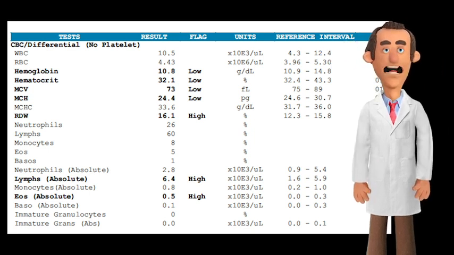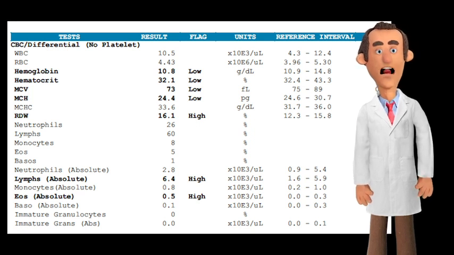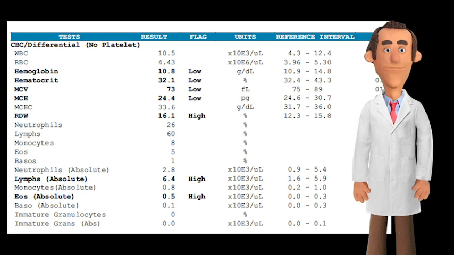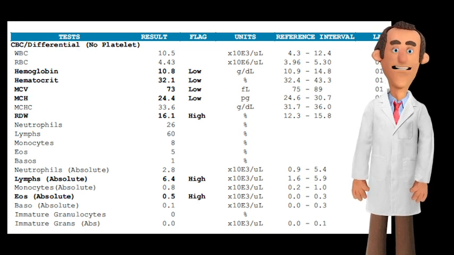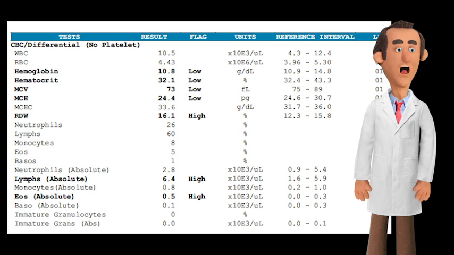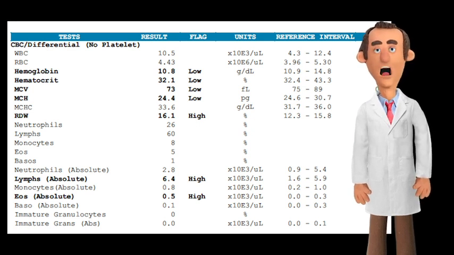While I'm not really going to hold you guys accountable for this, what I would like you to know is that this would be considered a hypochromic microcytic anemia because the MCH is low. So with that MCV of 73, we know that the average size of the cells are going to be small.